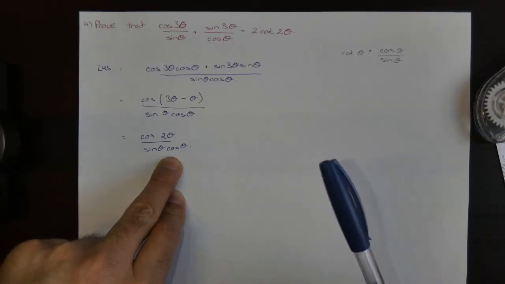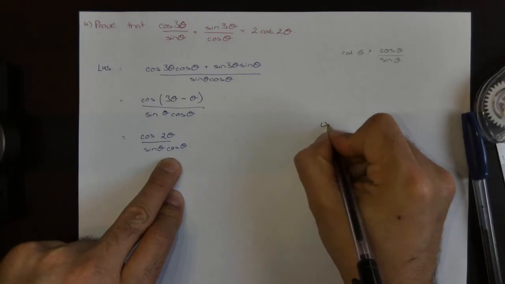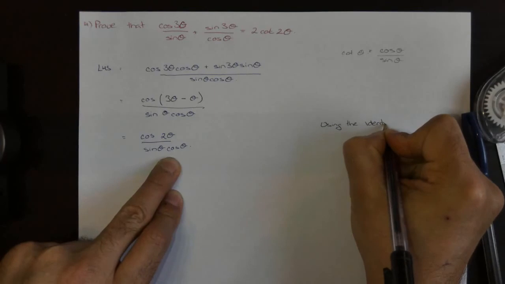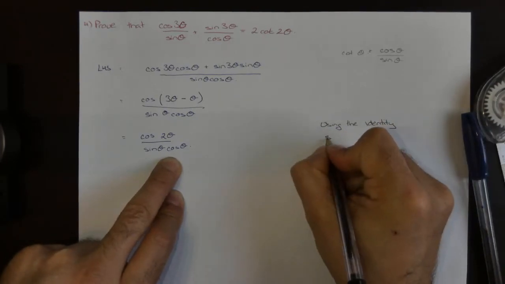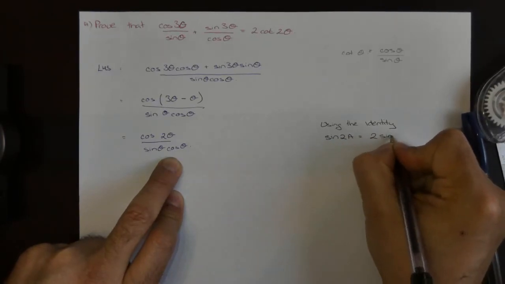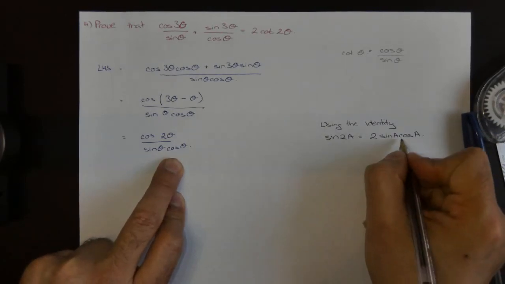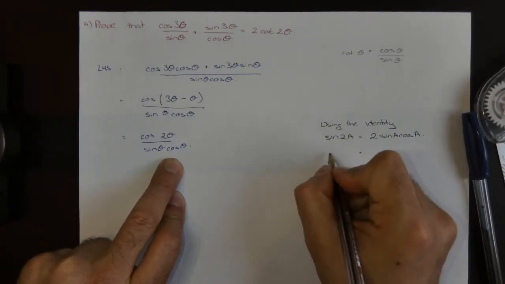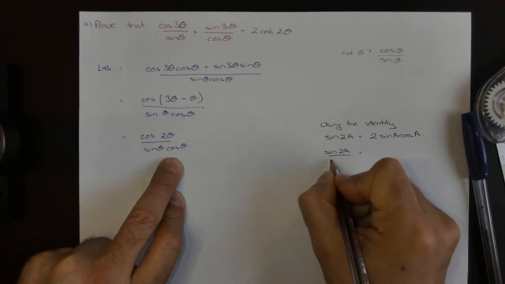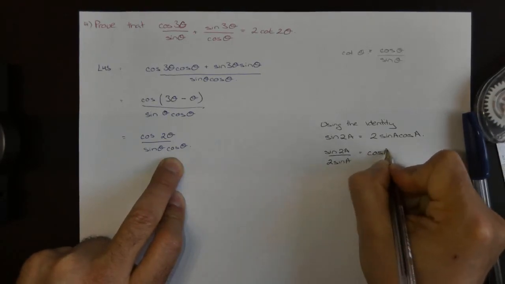If I use the identity sine 2a equals 2 sine a cos a, and divide both sides by 2 sine a, I get sine 2a over 2 sine a equals cos a.